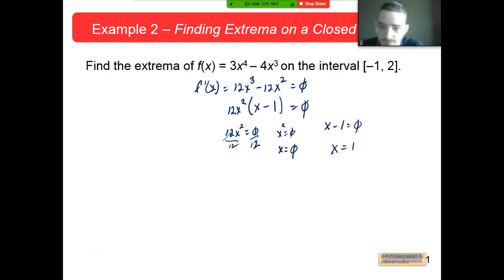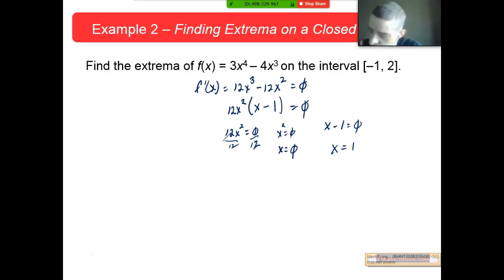Now, the next question you ask yourself, are all of these values in the interval? Yeah. 0's in between minus 1 and 2. 1's in between minus 1 and 2. Both of these are in the interval. Now, actually, that 0 is a double root, but we're not going to worry about that. It's just x equals 0.